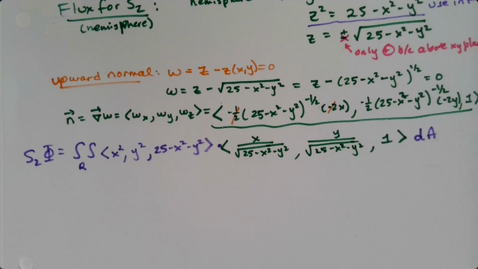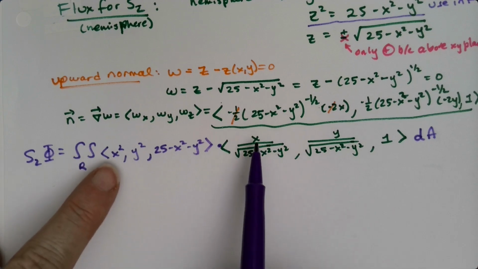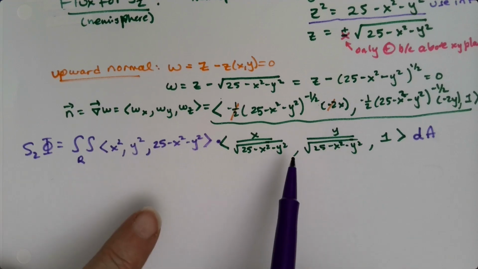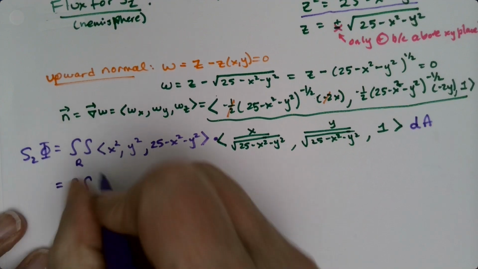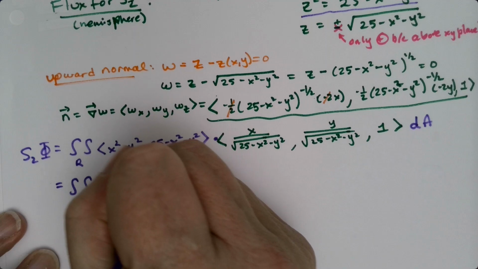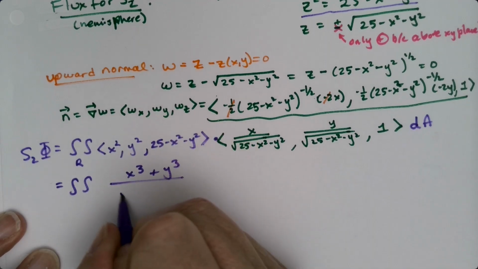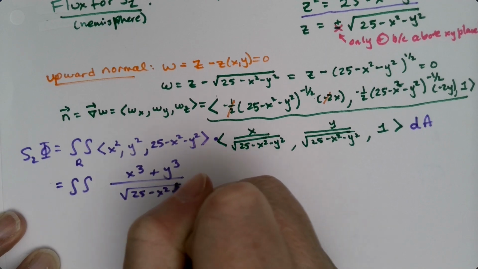All right, well, we can put this together and simplify it a little bit. This is going to be x cubed over this, and this is going to be y cubed over this, and we're going to add them together because they have the same denominator. So this is the double integral of x cubed plus y cubed over the square root of 25 minus x squared minus y squared.